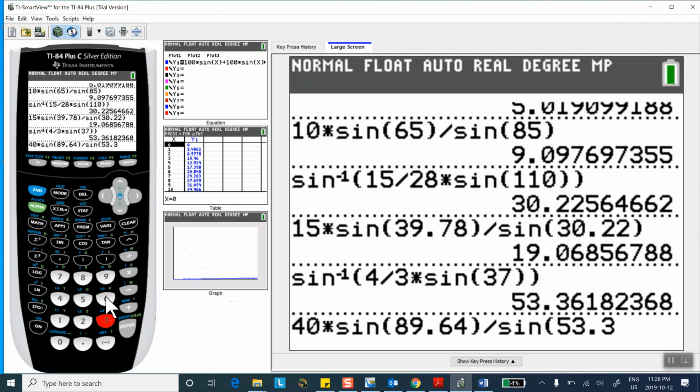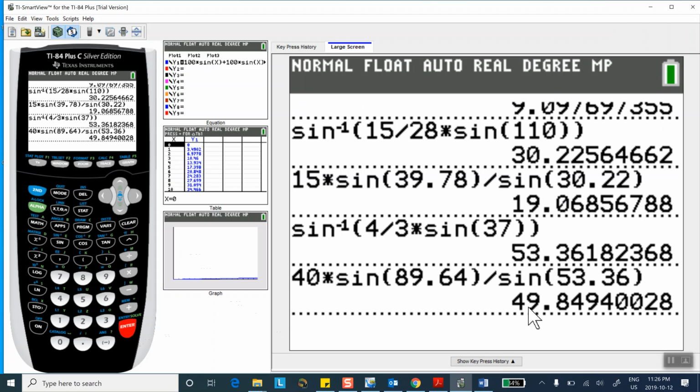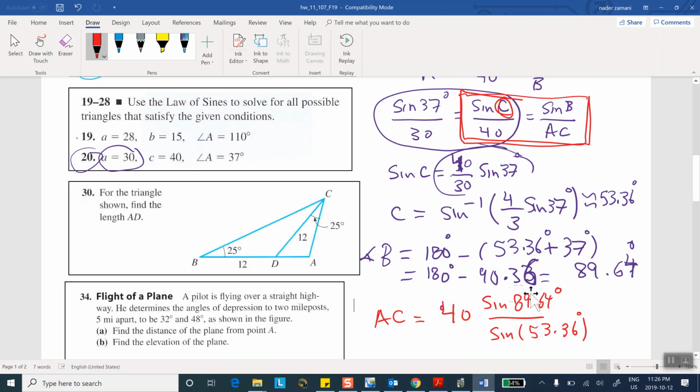Close the parentheses, hit return, and this is approximately 49.85 units of length, whatever it is. So we have taken care of 19 and 20, and I will do the next problem in a second. Actually, we're going to stop here and do the rest of this in the final video segment.